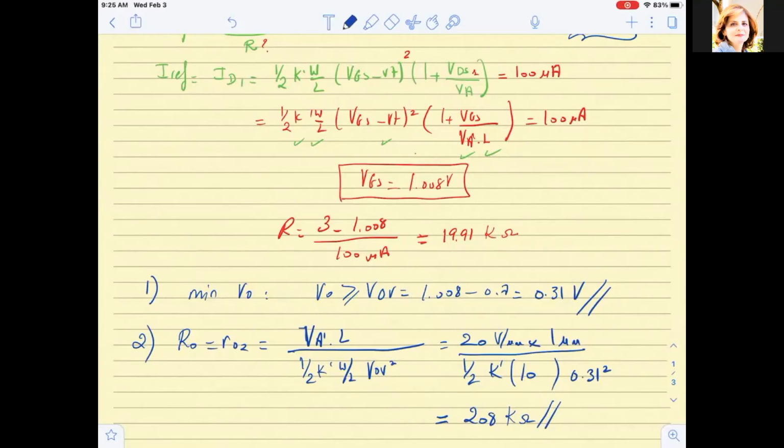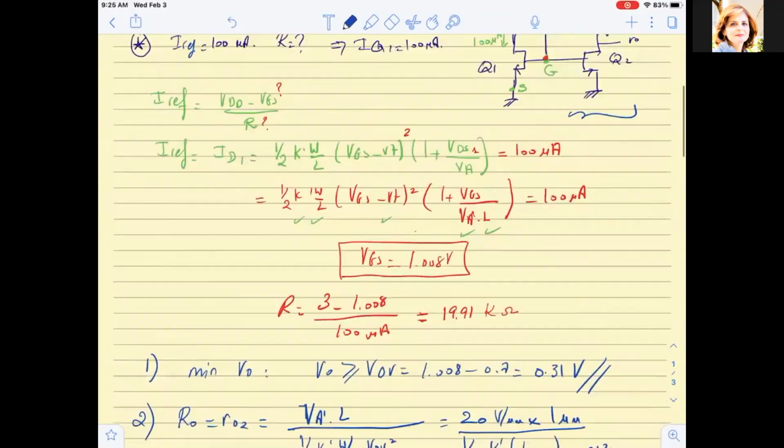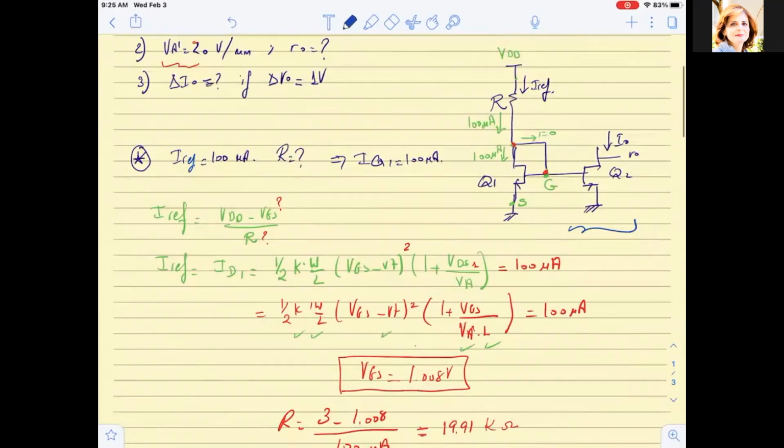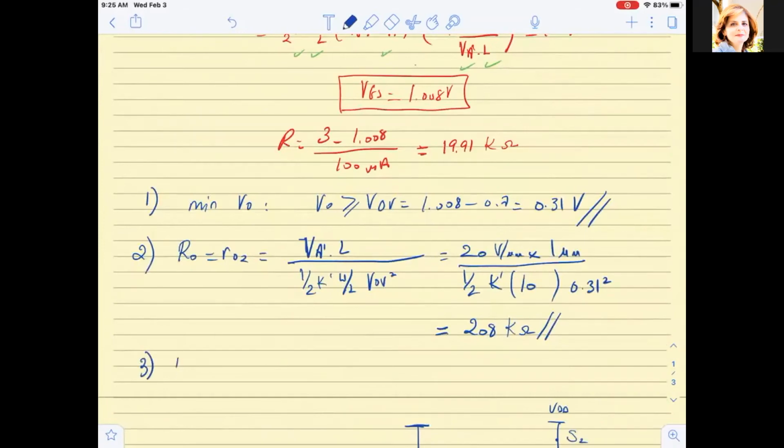The third question they ask is what is the delta IO if delta VO equals 1 volt? How do I solve for this? We know delta VO divided by delta IO is equal to RO2, which is 208 kilo ohms.